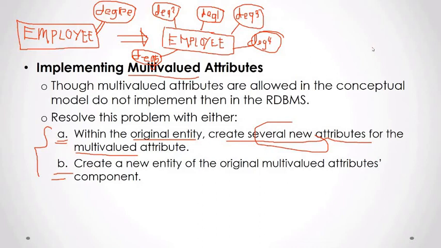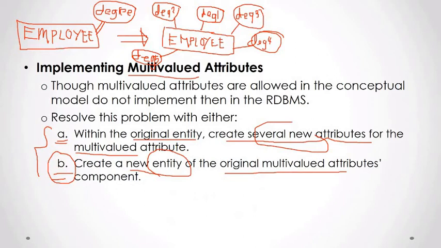So the appropriate way of resolving a multi-valued attribute without having to modify your table and without having to modify your program is option B. What you're going to do here is create a new entity out of that original multi-valued attribute.